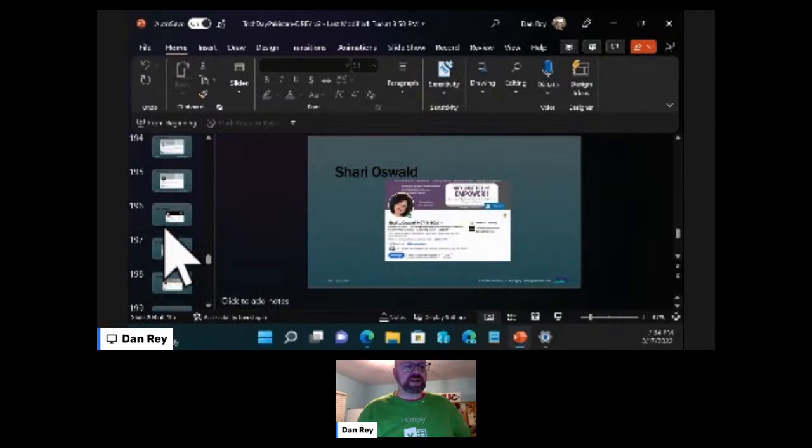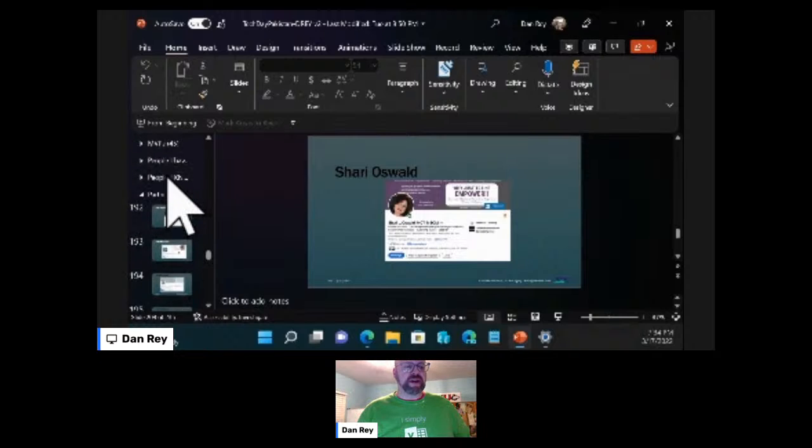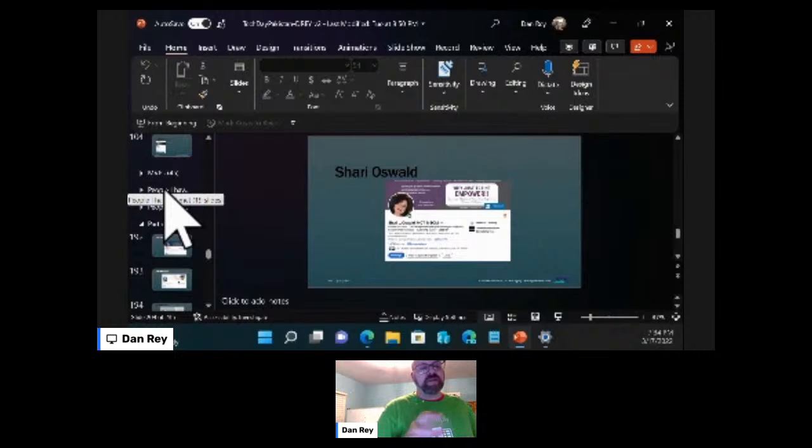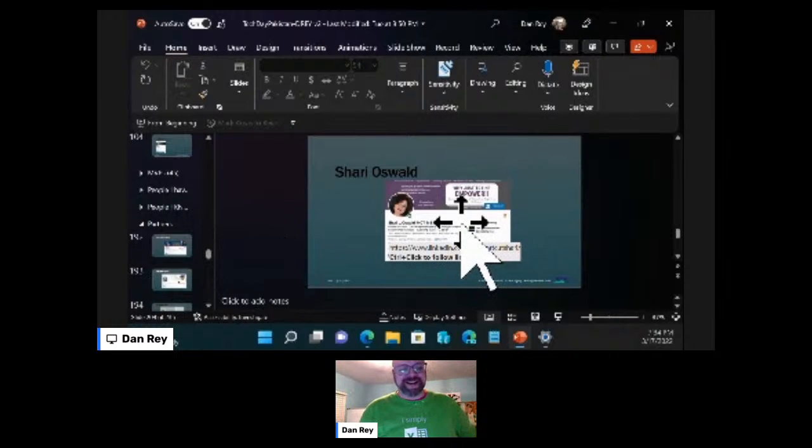And that is because she is in the section for partners. I don't necessarily have an MCT section. I have an MVP section, a Microsoft section, and then I have people I have met, which is the confusing part because Sherry could fall into either category, either a partner of Microsoft or somebody I have met in person.